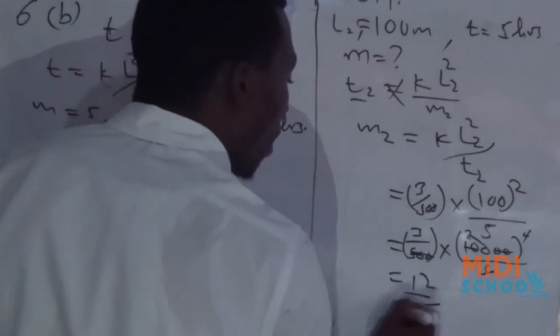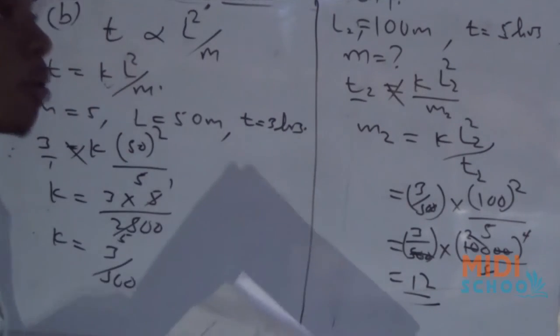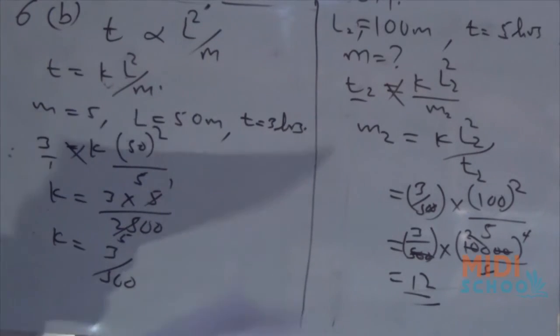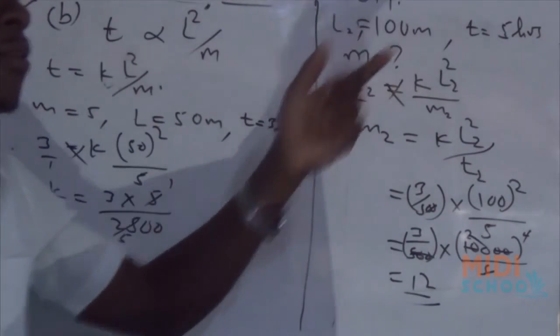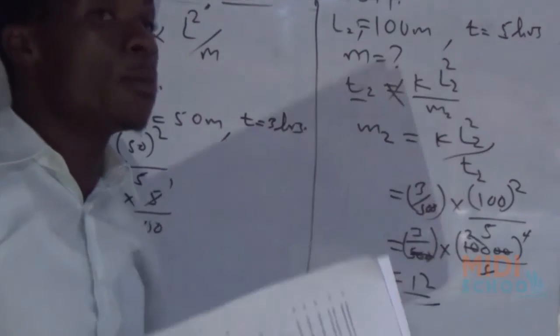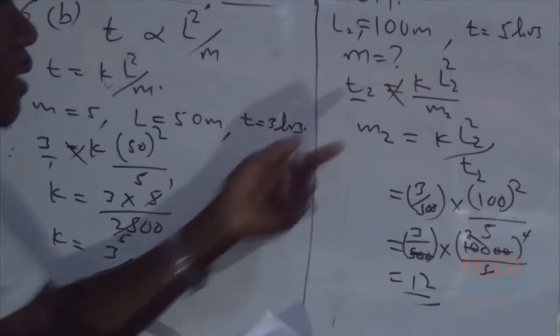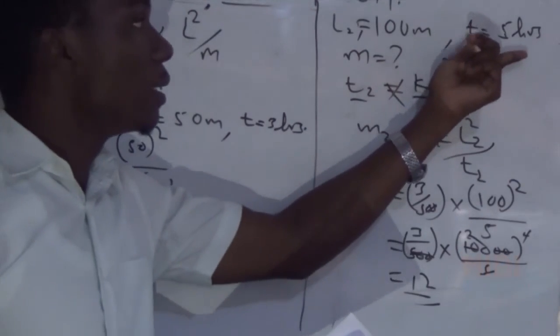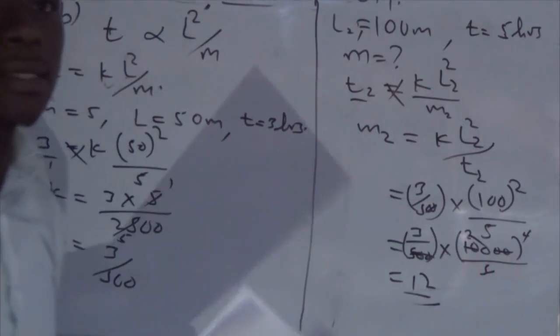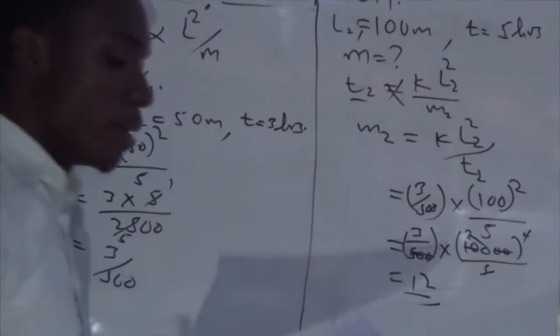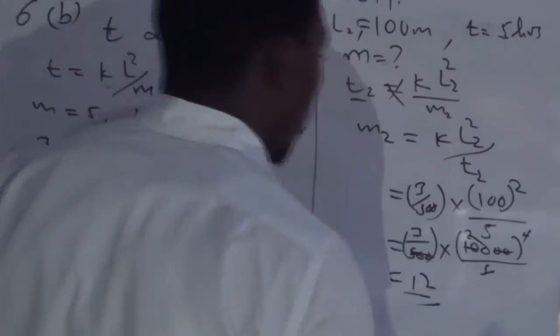So this is the number of men needed to accomplish the work if the field is 100 meters and the time spent is 5 hours.